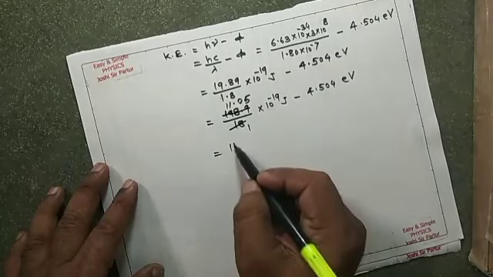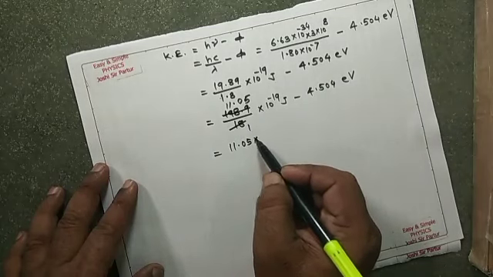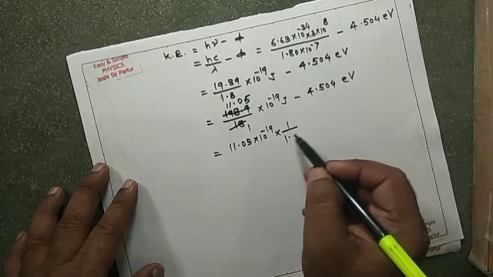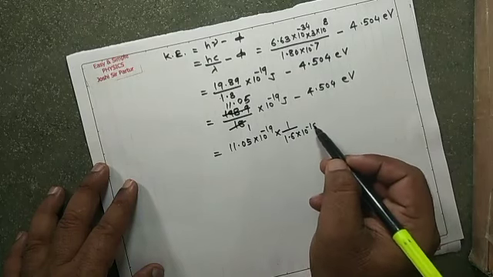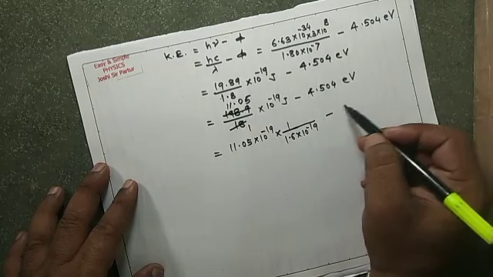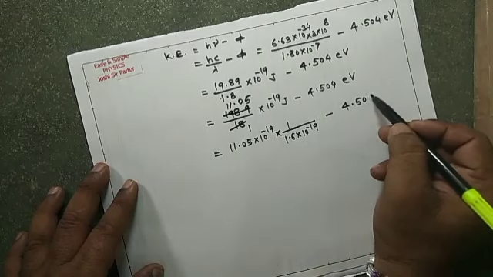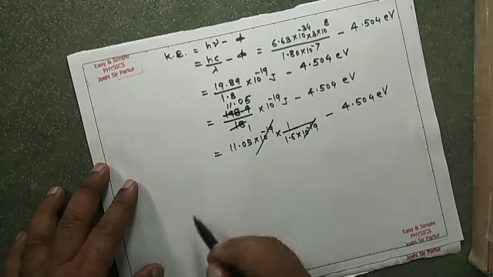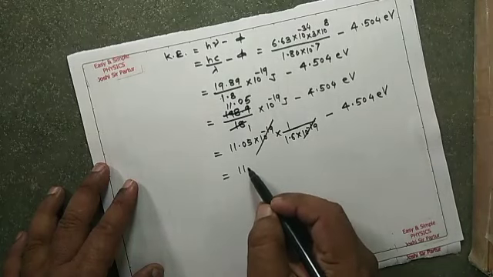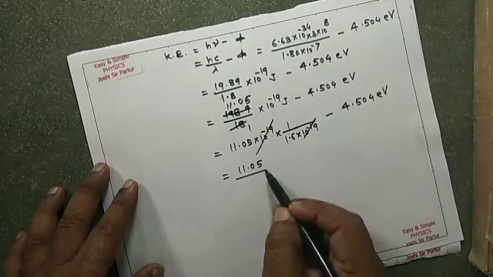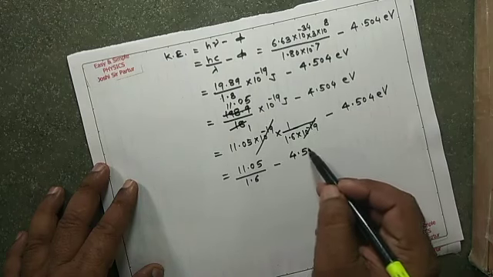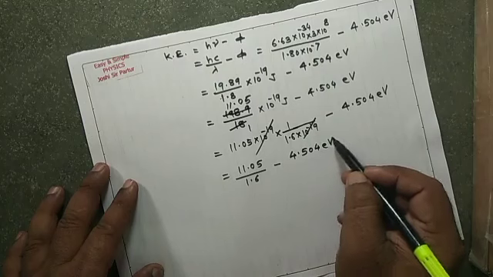It becomes 11.05 into 10 raised to minus 19 into 1 upon 1.6 into 10 raised to minus 19, minus 4.504 electron volt. The 10 raised to minus 19 get cancelled. Here 11.05 upon 1.6 minus 4.504 electron volt.